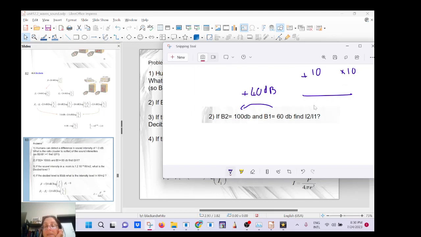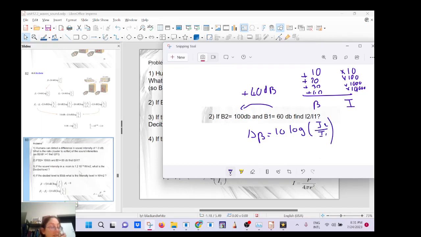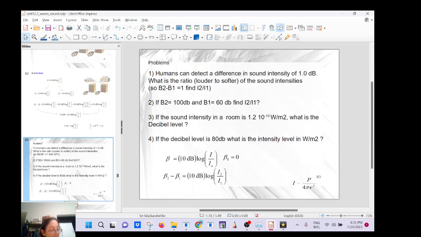Okay, so that's decibel, and that's intensity. If you add 20, you multiply intensity by 100. If you add 30, you multiply by 1,000. If you add 40, that means you multiply by 10,000. Okay? Or you use the equation. Okay, so that's going to be the same thing.